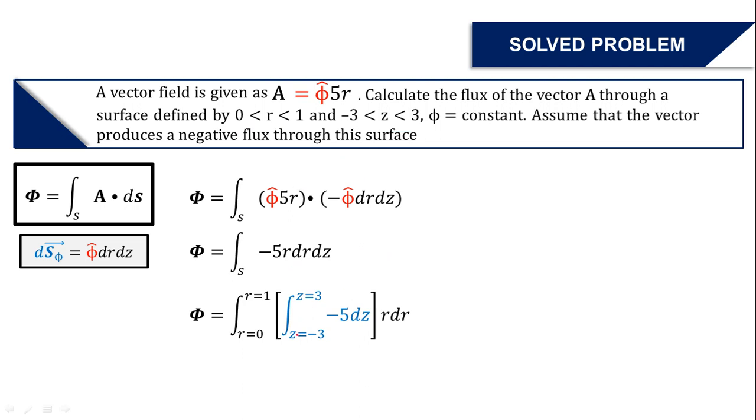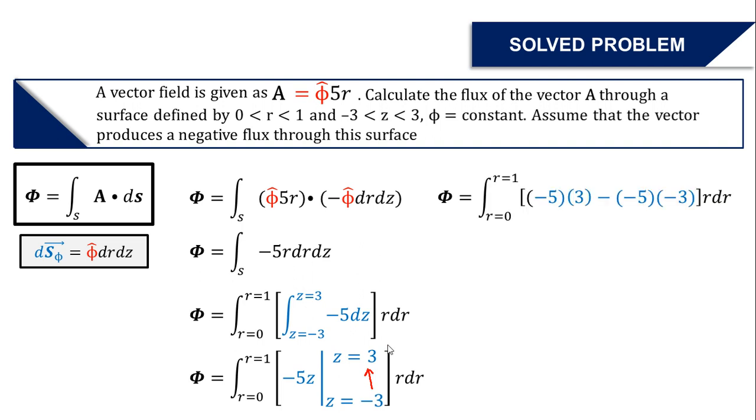So, kinulayan ko na muna yung integral natin sa z dahil yun yung una nating ipe-perform. Okay? So, ang sagot natin dito is negative 5z evaluated from negative 3 to positive 3. And gagamitin natin itong r dr. Ano na susunod natin dyan?